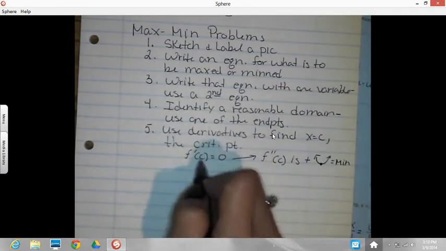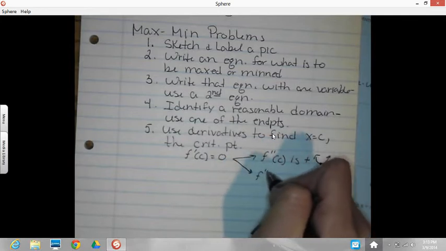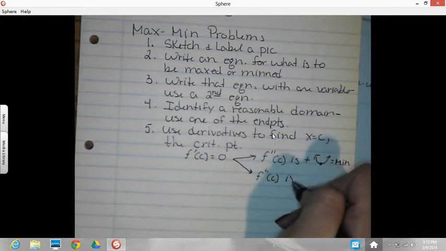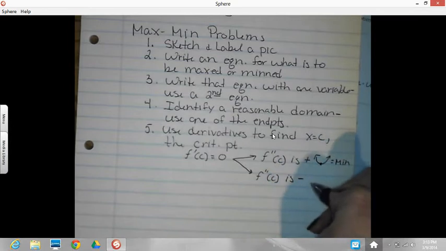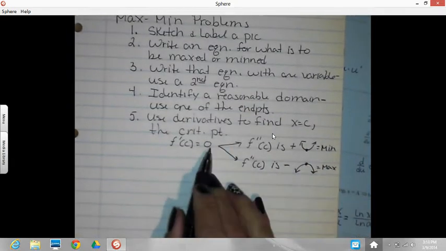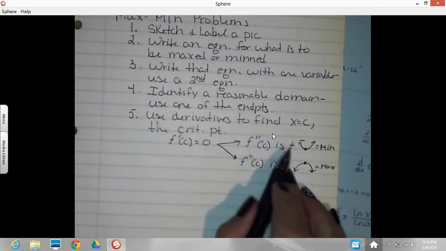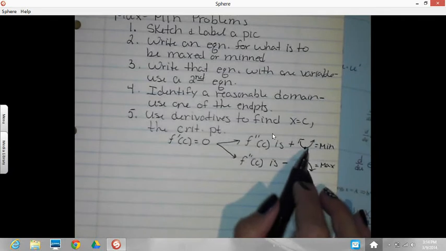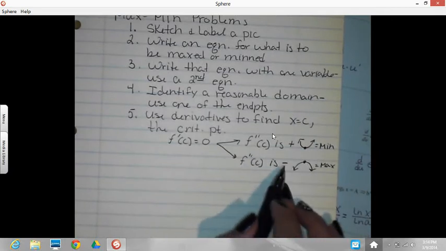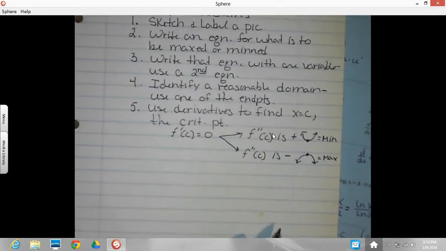If the derivative equals 0, and then the second derivative is negative, that means it was concave down, which means now we've got a maximum. So you'll be able to identify your critical point just by doing the second derivative test. So if the second derivative is positive on that critical point, it's a minimum. If the second derivative is negative, then it was a maximum because it's concave down. Okay, and then answer the question.